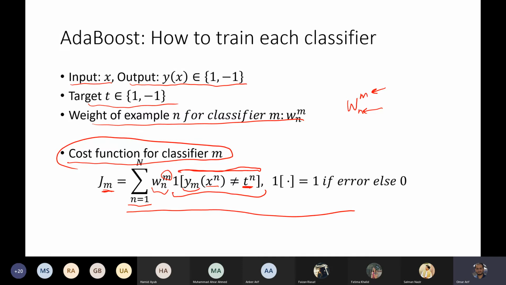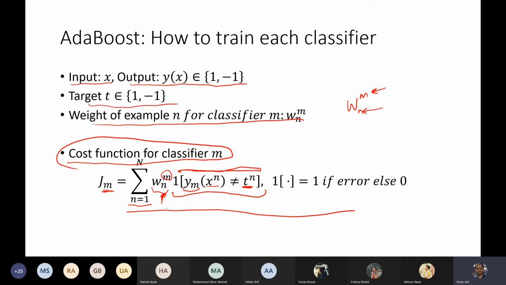So for all those examples where you are wrongly classifying, or where your output is not equal to the target value, you have 1 output, otherwise you have 0 output. Okay? So basically what you're doing is you will be adding those values, depending on whatever the weight is. So obviously if the weight is less, even if you are wrongly classifying, the effect would be less.